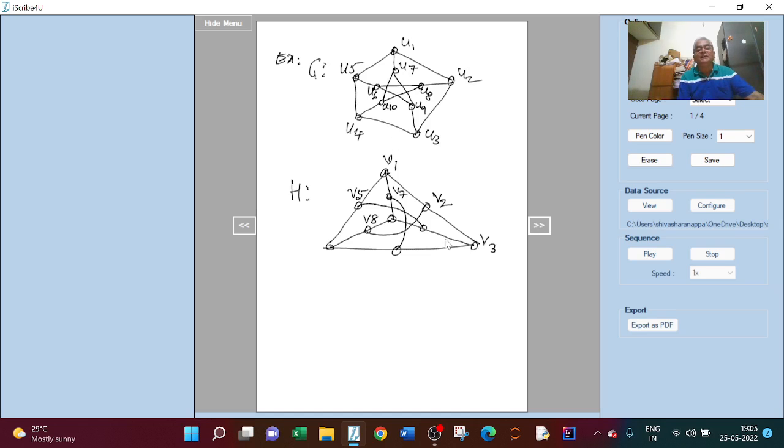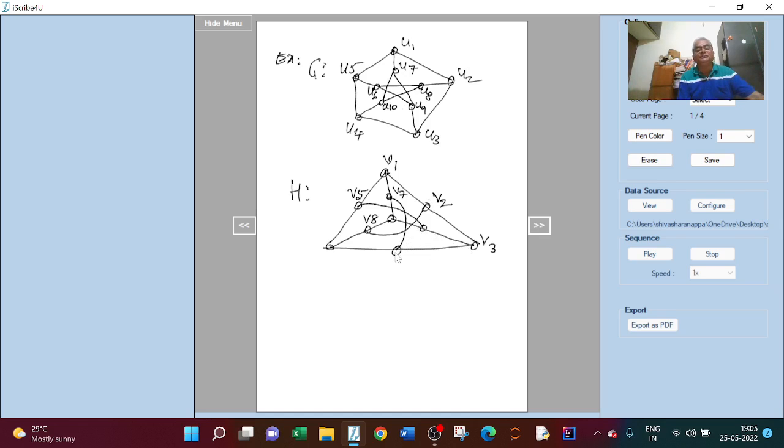So V3 is here, and already I have taken this adjacent vertex here. I have to take this vertex as which one? U3 is adjacent with U4 and U9.